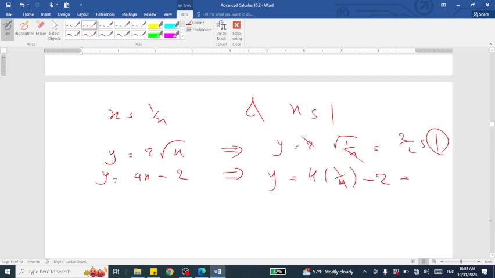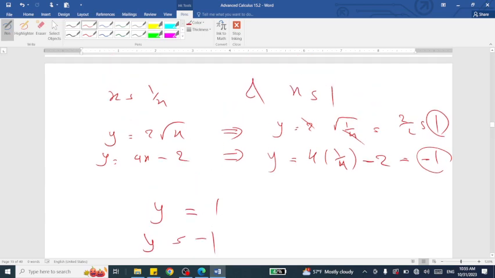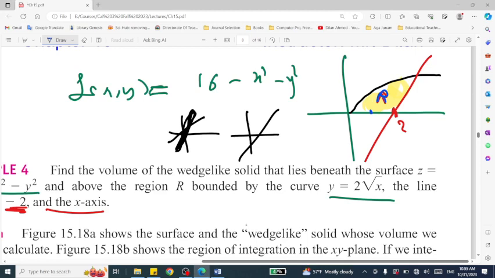I'll get what? Minus 1. So y equal to 1, y equal to minus 1. Select again y, region. Look at the region.